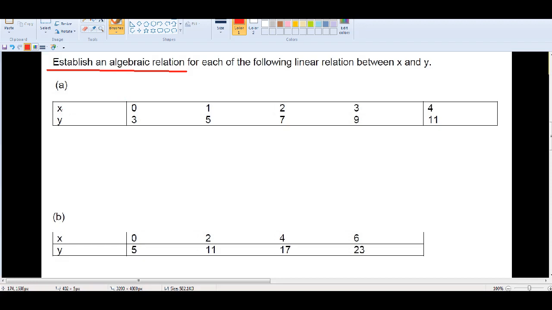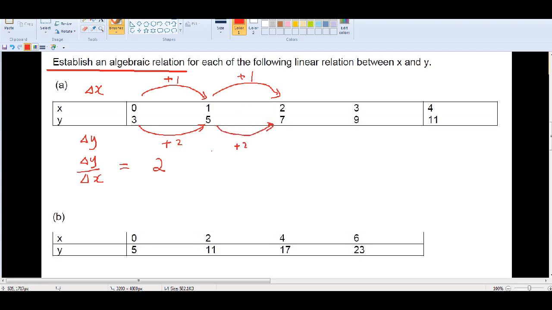First we have x and y, but we're more interested in delta x and delta y. For example, from 0 to 1, x increased by 1 and y increased by 2. So delta y over delta x will be 2. You might see others, but they will be the same, so it's also 2.